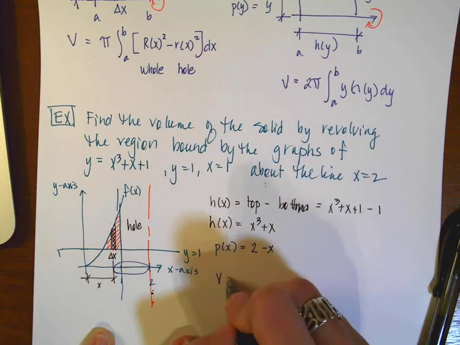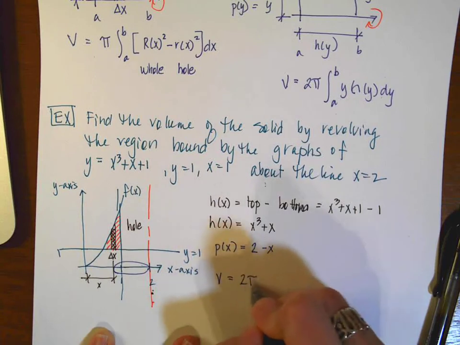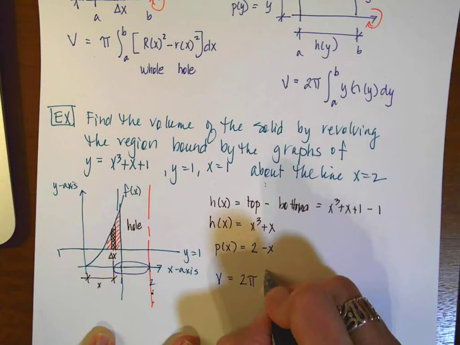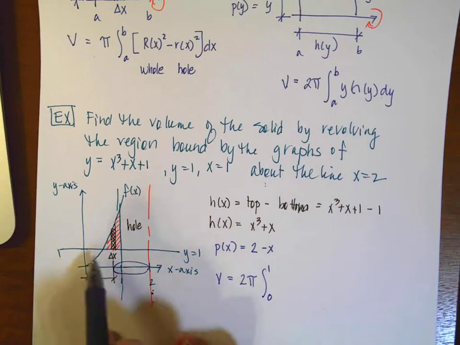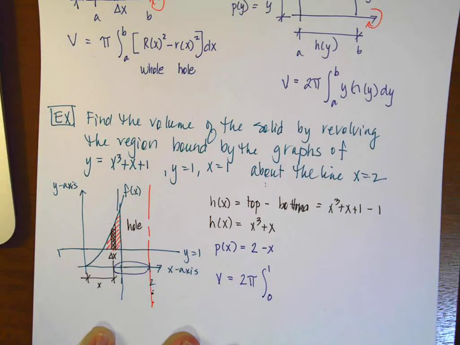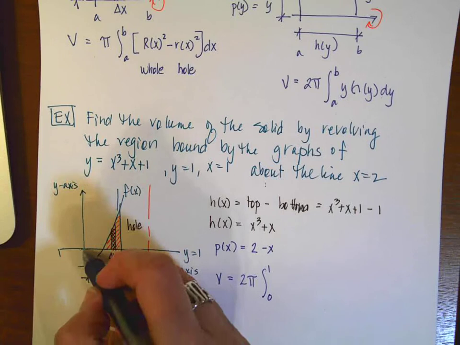What else do I need to write? I have my delta x, I have my P of x, I have my h of x, so I just need to write my integral. So my integral is going to be 2 pi. You also have to remember when to use a singular pi and when to use 2 pi. And I'm integrating from 0 to 1, which is this little information right in here, okay?